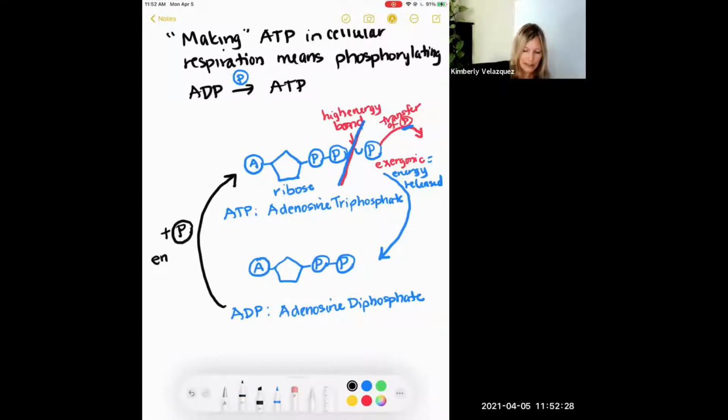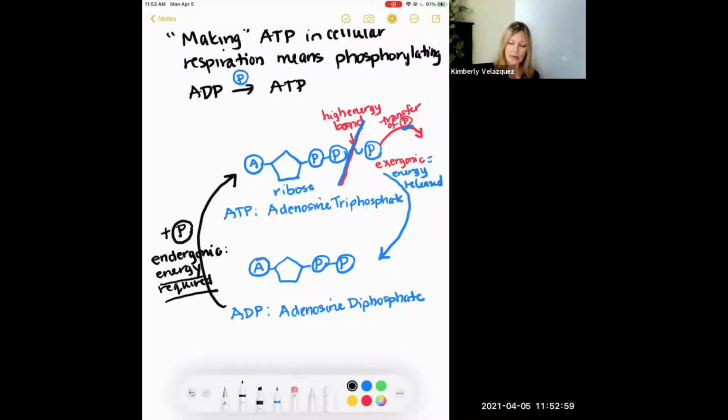And that is endergonic. Okay, which means energy is required. And that's what's going to happen during cellular respiration. So again, in cell respiration, when we say we're making ATP, we're not making ATP from scratch, we're rephosphorylating ADP to make ATP. Where does that energy come from during cell respiration?